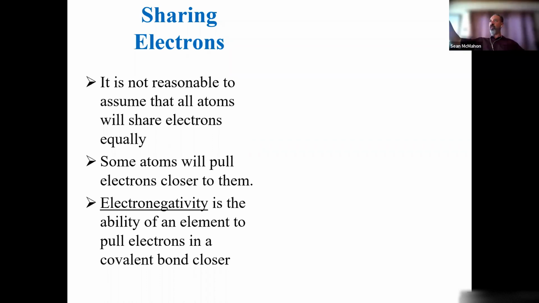And as I go from left to right, I'm in the same energy level, but I have more protons, so it's harder to pull as I go right. So the lower left corner has the weakest ionization energy. It's the easiest to pull the electrons away and form positive charges, cations, and are the most metallic in character.